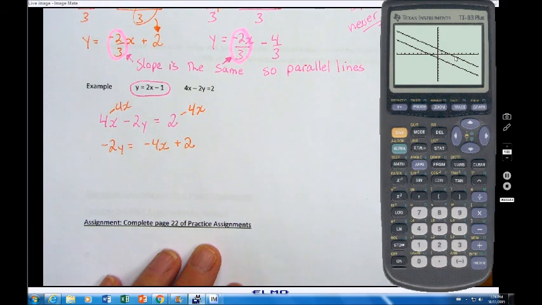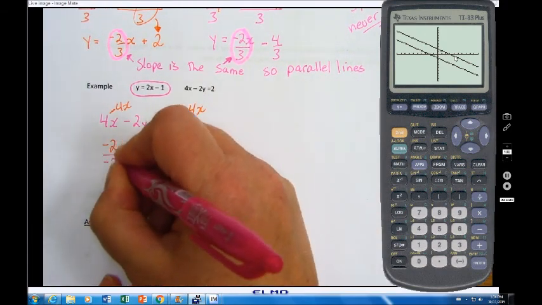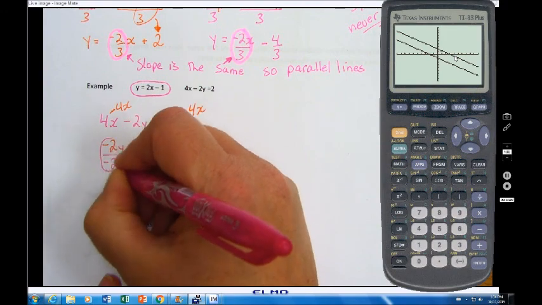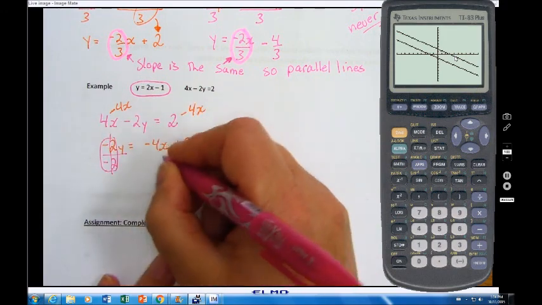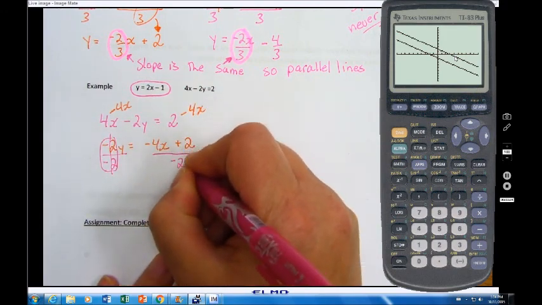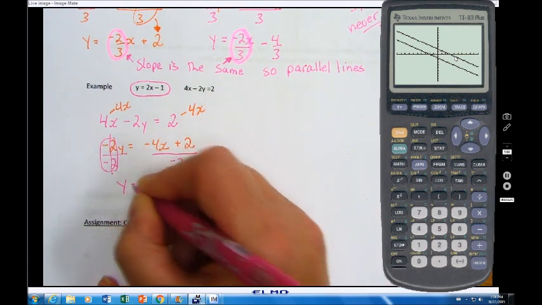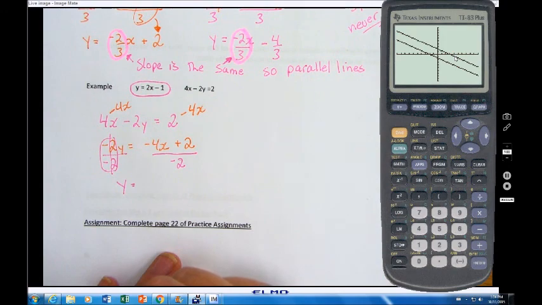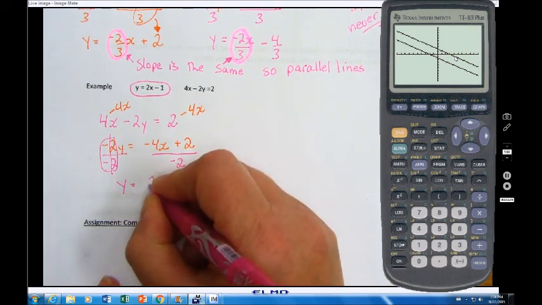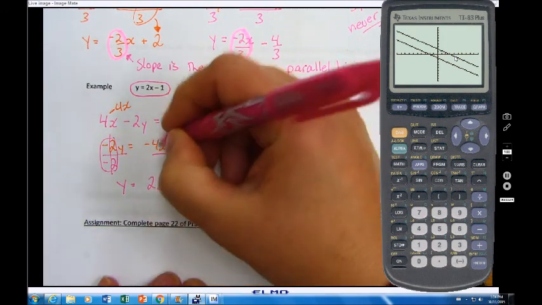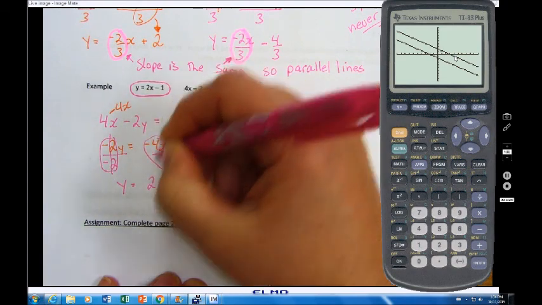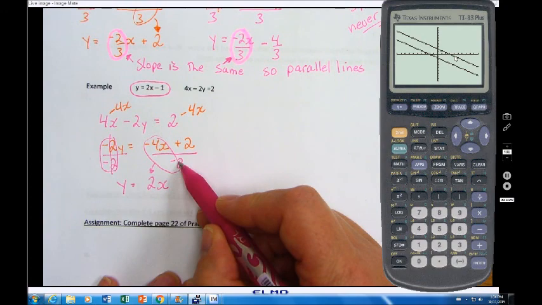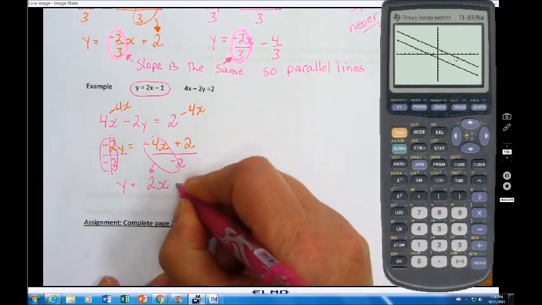And now I've got to divide by negative 2. I want this to be positive, so this ends up being 1y. And then I divide this by negative 2, so I get y equals negative 4 divided by negative 2 is positive 2x.